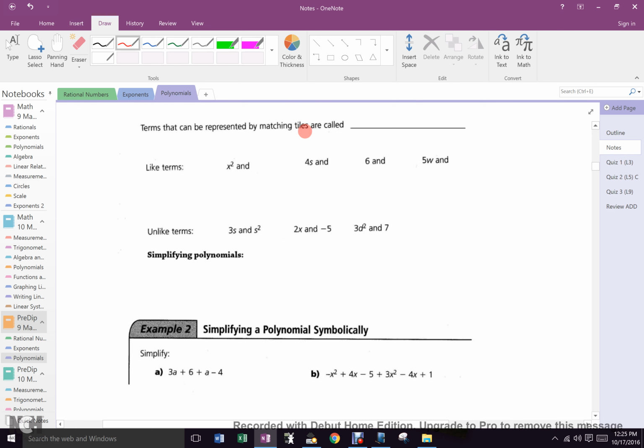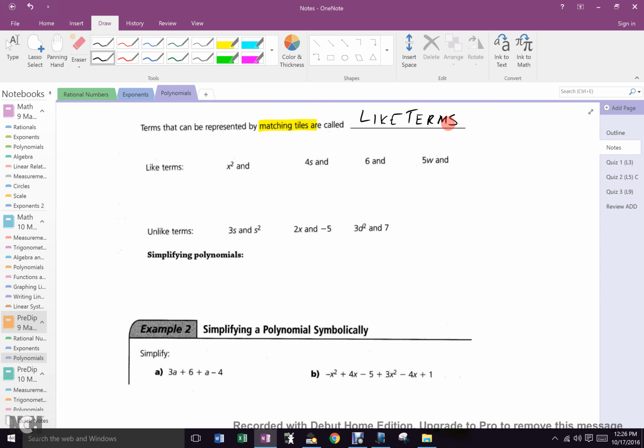Terms that can be represented by matching tiles in polynomials are called like terms. Now, please, please understand both the concept and the method. Okay?